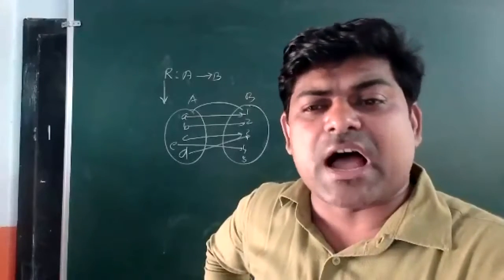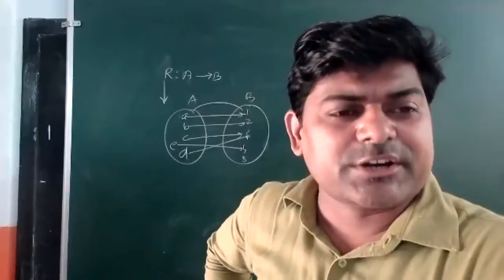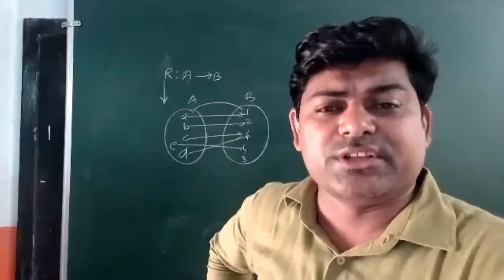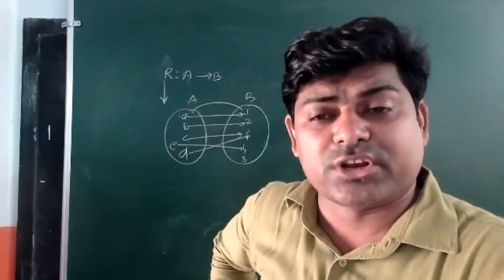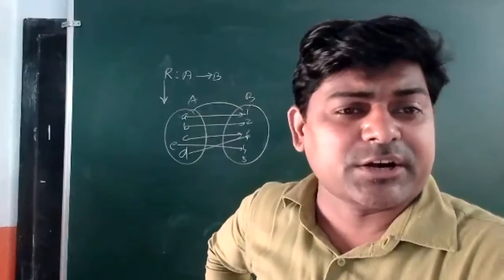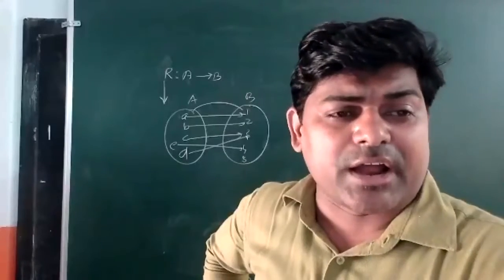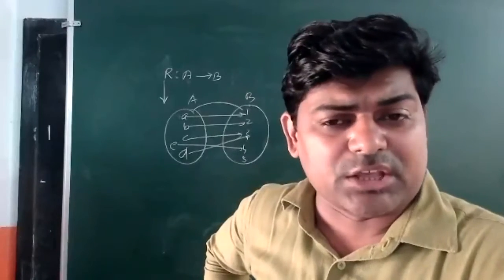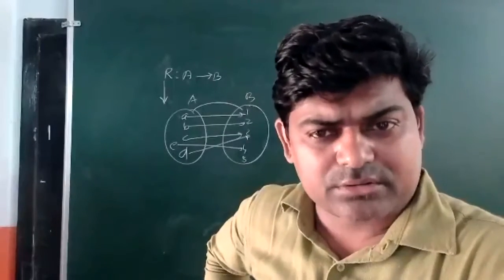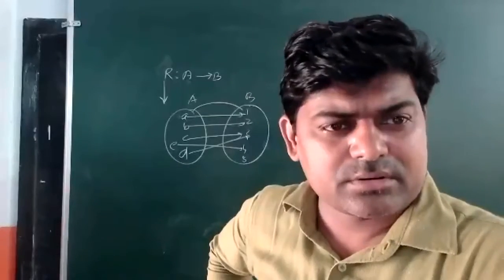When I wrote this R, I saw 1 is related to 2, 2 is related to 4, 3 is related to 6, 4 is related to 8, and 5 is related to 10. But 6, 7, 8, 9, 10 have no image. Am I correct?